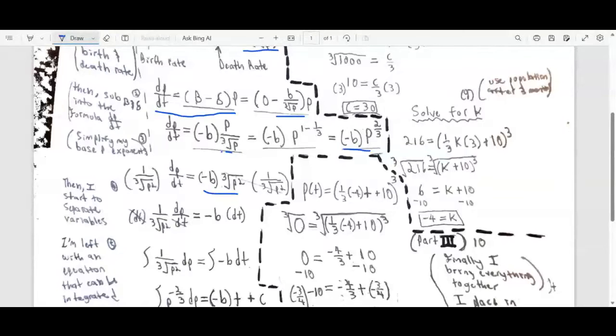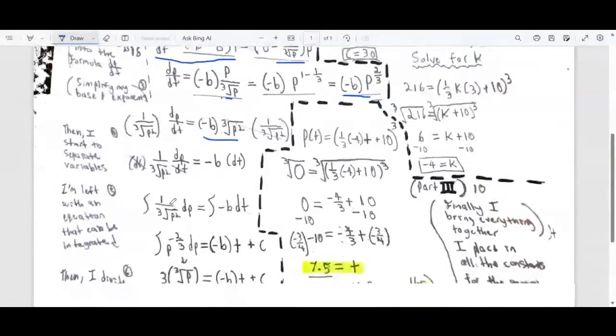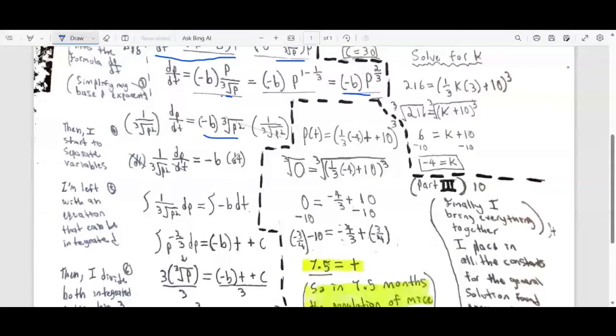With that, what we're going to do is separate the variables. I separated the variables by multiplying by 1 over the cube root of P squared on both sides. Then I multiplied by another term, which is dt, on both sides.